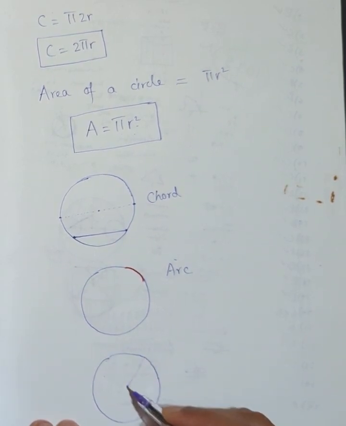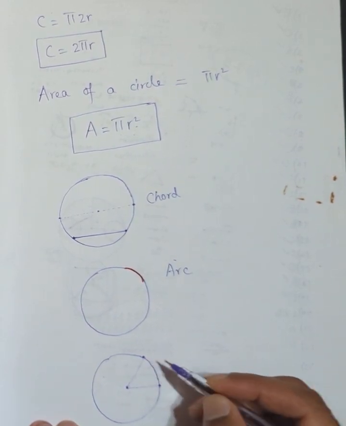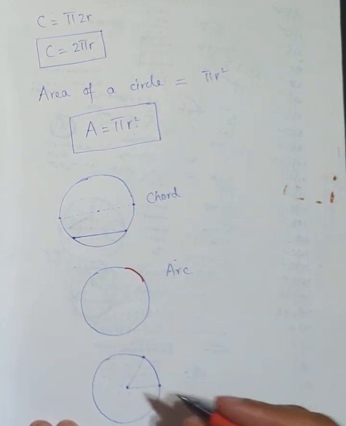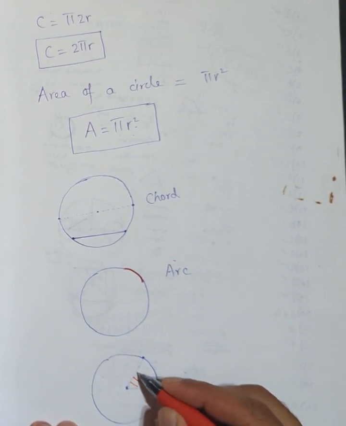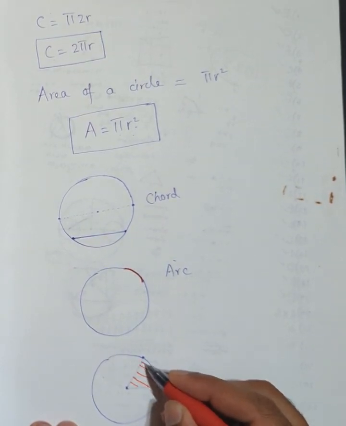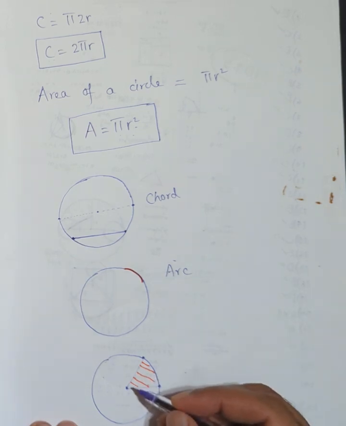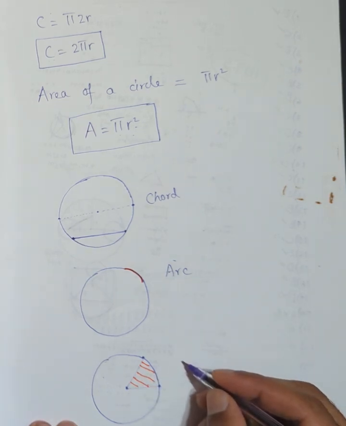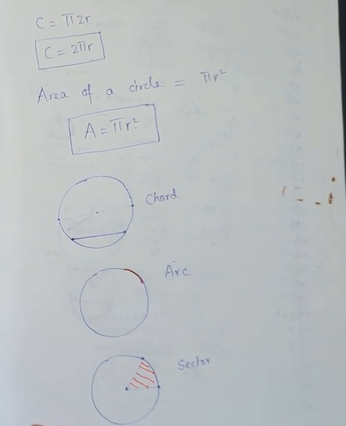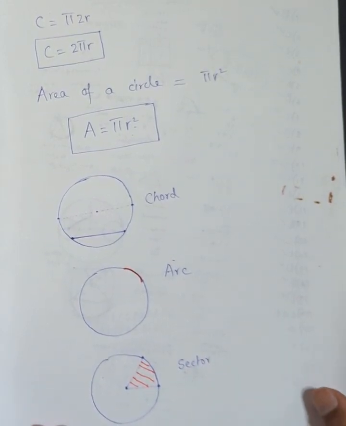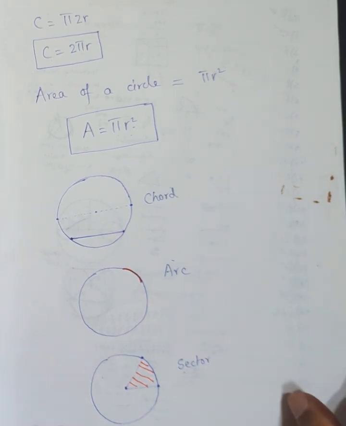If I were to connect 2 points on the circle to the radius and then focus entirely on this, this is called a sector. So that's called a sector. So chord, arc, and sector.